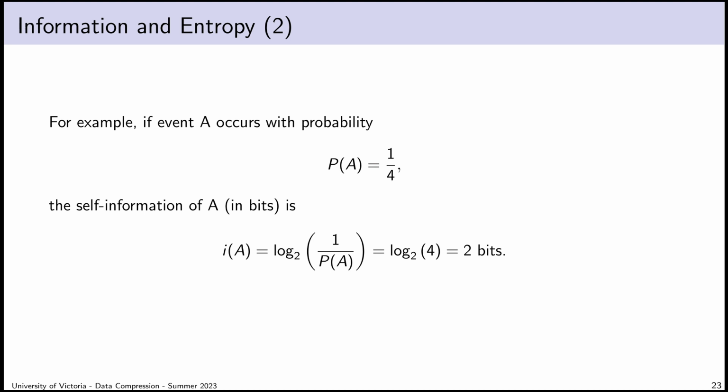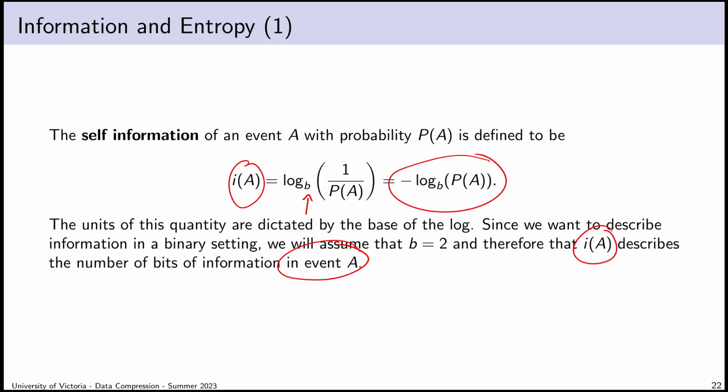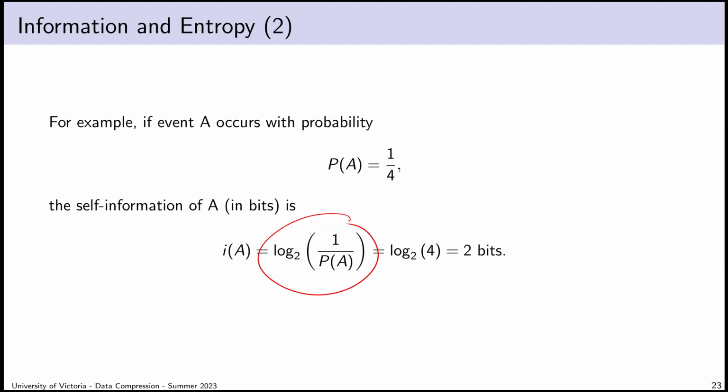Then the self-information is log of 1 over P of A. And notice that there actually are 2 forms of the formula. I can either plug the probability in directly and then negate the log, or I can do this. For fractional probabilities, I sort of like this version here. So the information content is therefore 1 over the probability, which ends up just being log base 2 of 4, which ends up being 2 bits. So this event, if it occurs and you learn of it, you have learned 2 bits of information.